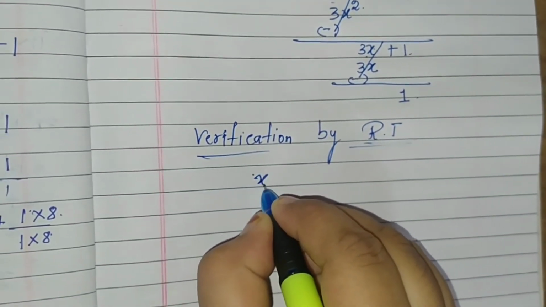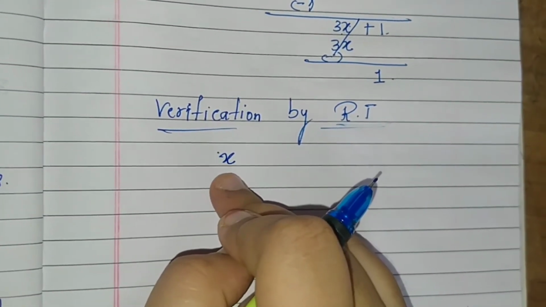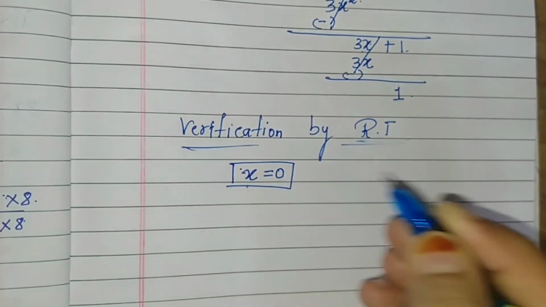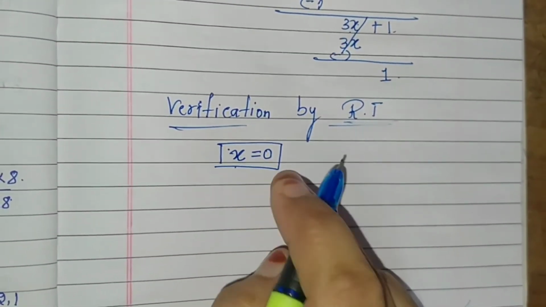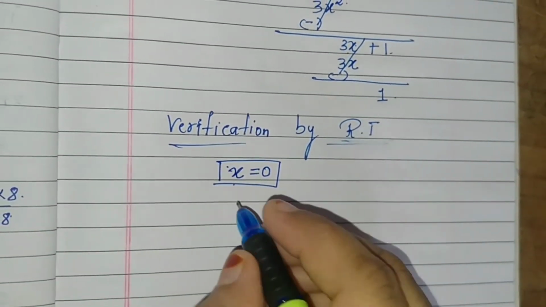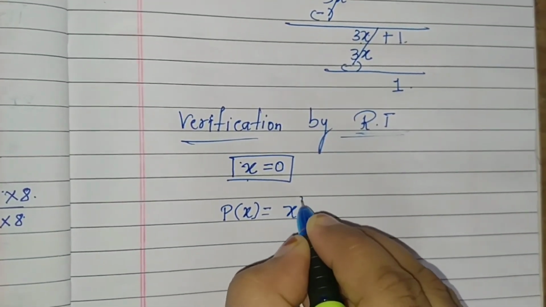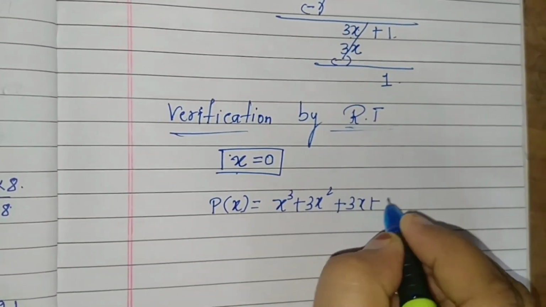So whenever you are going to find the zeros of the polynomial, you have to take the divisor and equate that to 0. Here directly we got the answer, the value of x as 0, right? So what you have to do now, this value of x you have to substitute in the dividend, that is p of x is equal to x cube plus 3x square plus 3x plus 1.